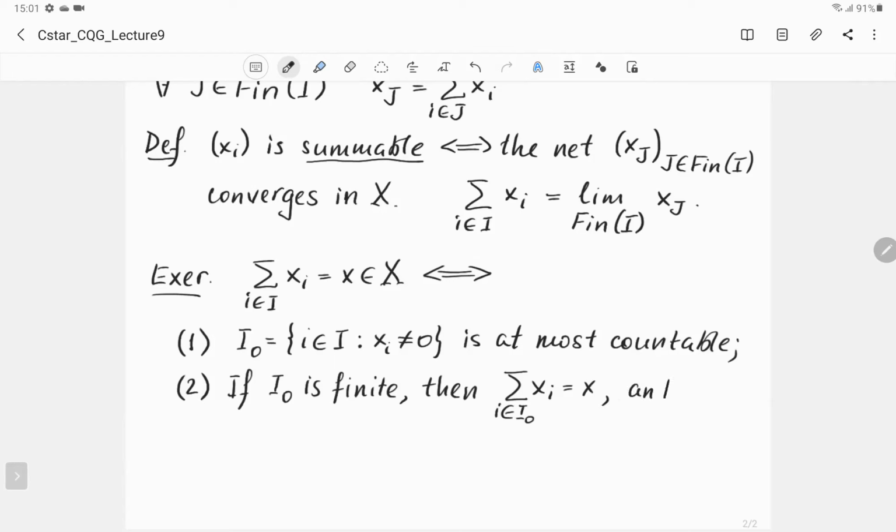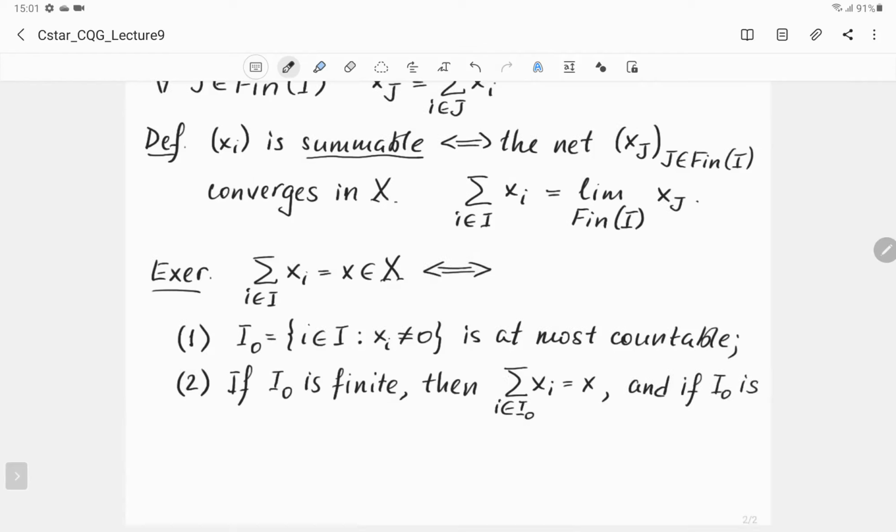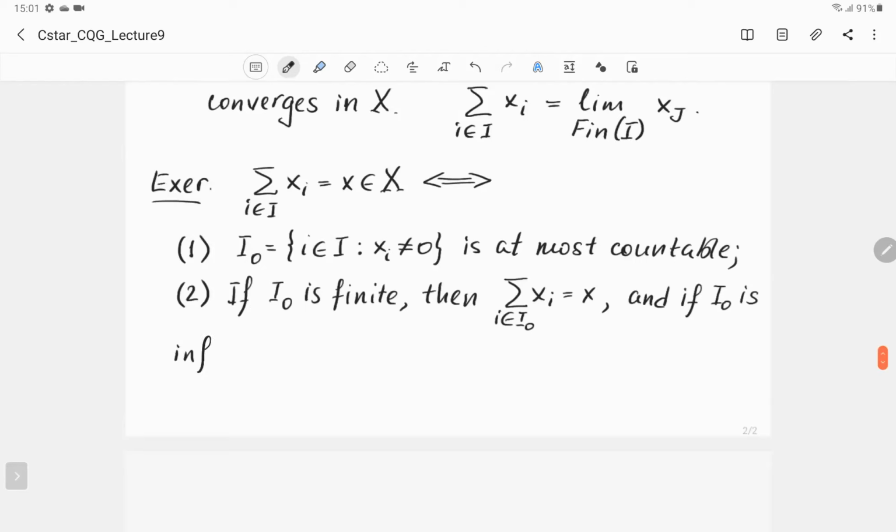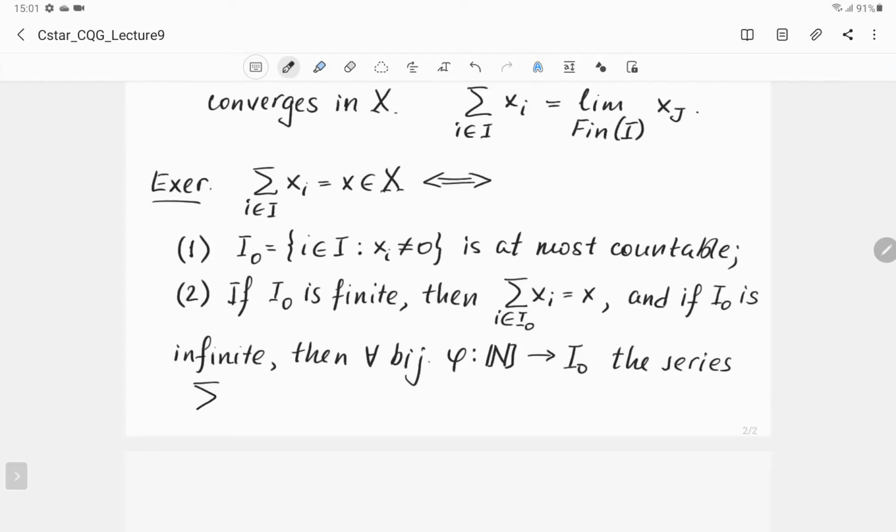And if it is infinite but countable, then for each bijection phi from the natural numbers to I_0, the respective series, the sum over n of x_{phi(n)}, converges to x.